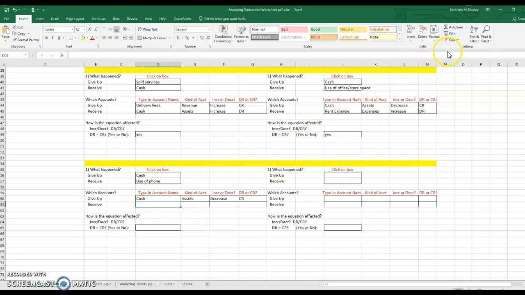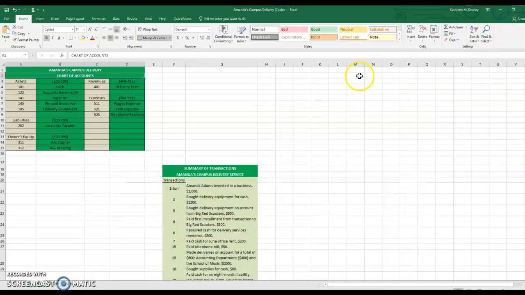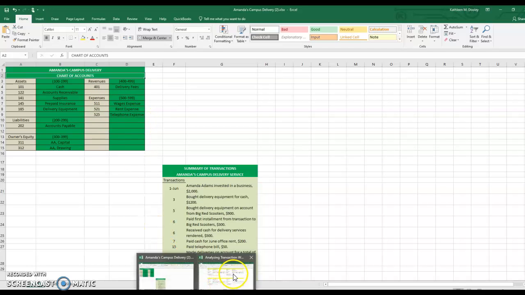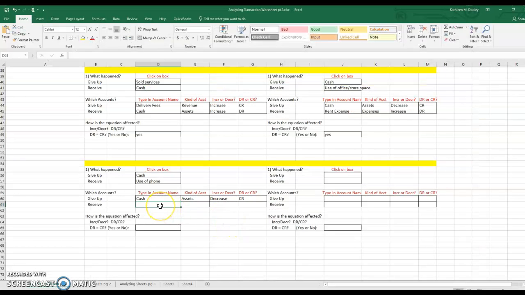Now, for use of phone, I'm going to go to my chart of accounts. I know whenever I use something, that's going to be in the expense area. And here I have a telephone expense account. And what kind of account is that? That's an expense.